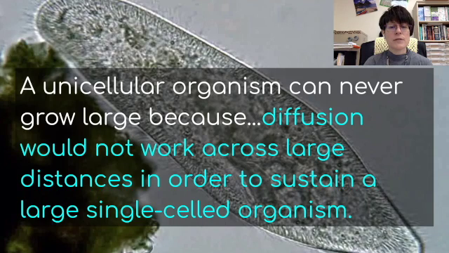In larger organisms like ourselves, we have whole body systems for transporting materials. Our circulatory system, its job is to transport materials throughout us. If we had to rely upon diffusion of oxygen and other materials, it just would not work. So, single celled organisms have to remain very small.